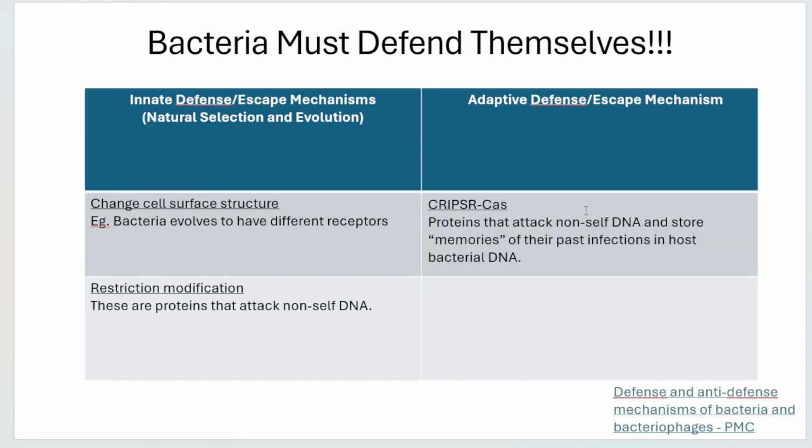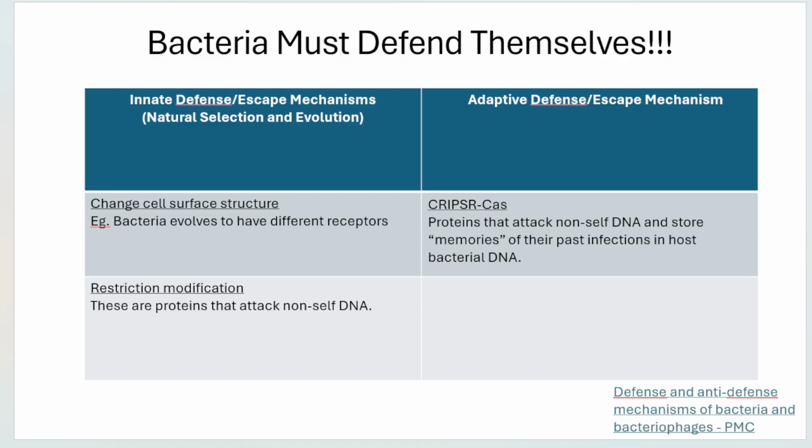Over the course of time, there's a kind of arms race going on. The bacteria must defend themselves against the phages. And what you tend to get is these innate defense mechanisms or escape mechanisms that have evolved through natural selection. This includes things like bacteria evolving to have different receptors on their cell surface, which changes whether or not a phage can attach chemically appropriately to a bacteria, and whether it'll just slip off, so to speak.